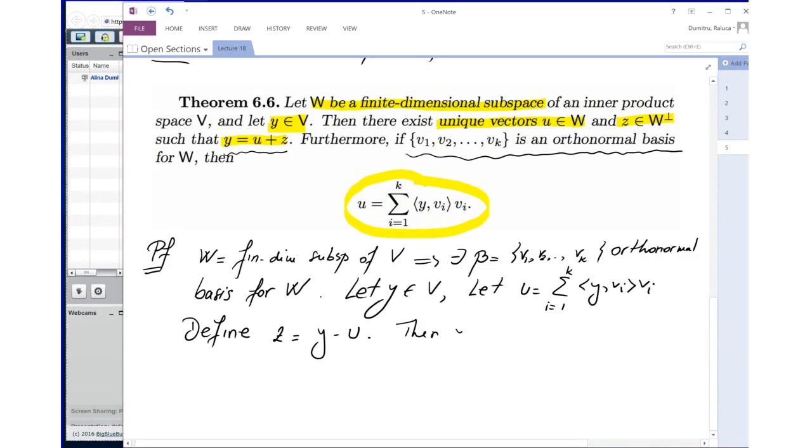And clearly, y is u plus z, but what else do we need to check? Well, those vectors needed to have those two properties, right? Not just two arbitrary vectors. So is it true that u is in W, first of all? U as defined here.